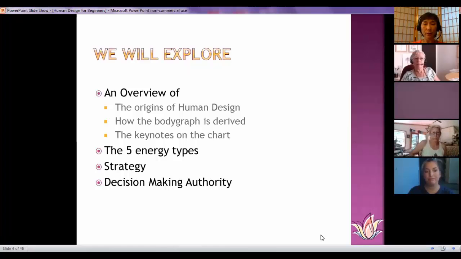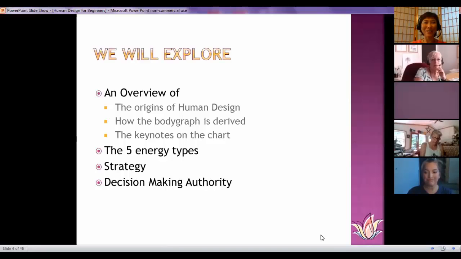So in this time, we are going to explore a basic overview of the origins of human design, where it came from, how it originated, and also how this body graph that you get as your human design chart is derived. We're not going to go deeply into all of the calculations.